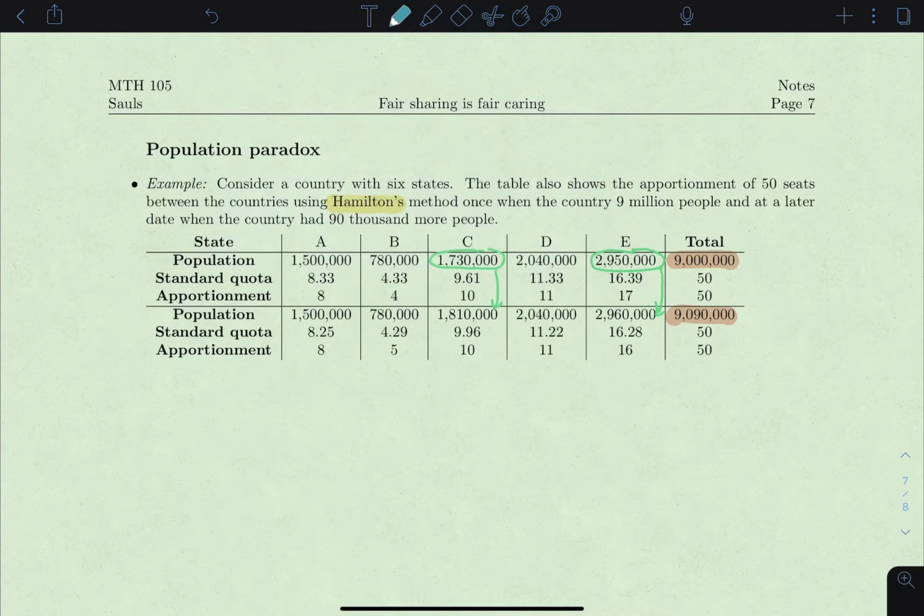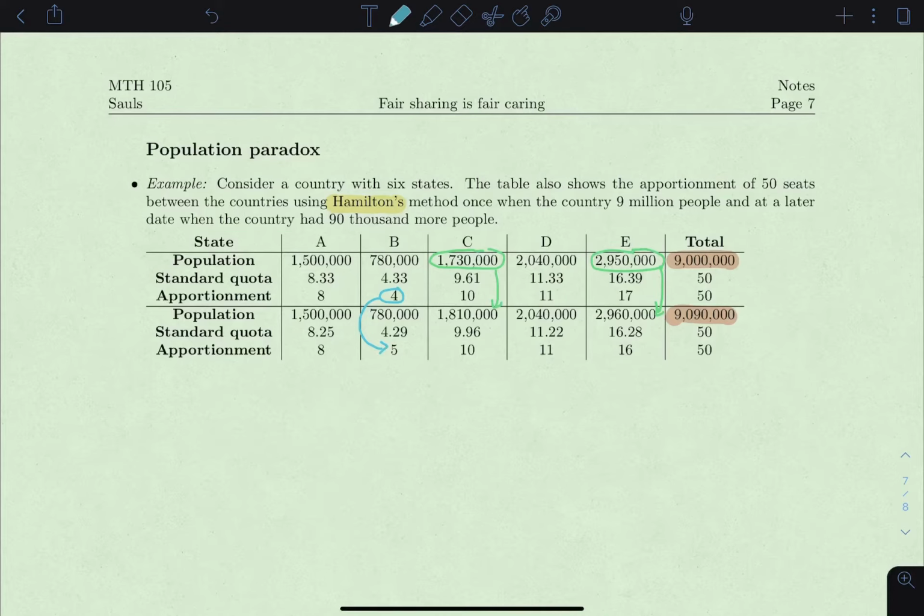And then lastly, let's check to see where the apportionment changed, that is, what material change there was for the people living in the states. In A, they had 8 seats in both situations, so nothing happened. B, however, did change. They gained a seat.